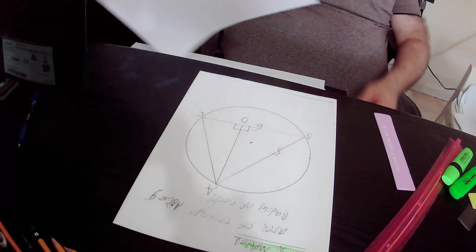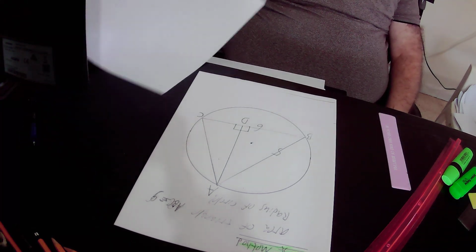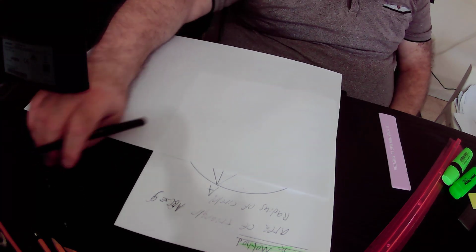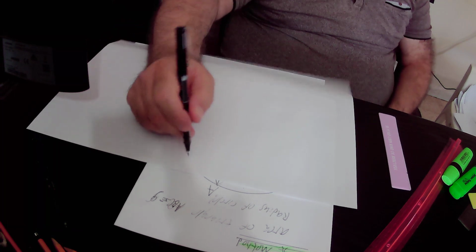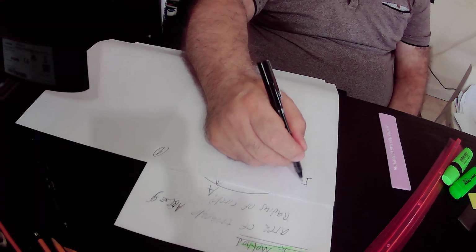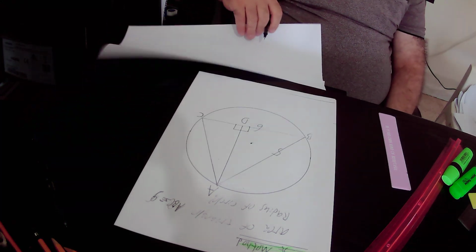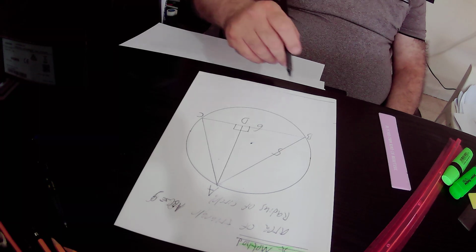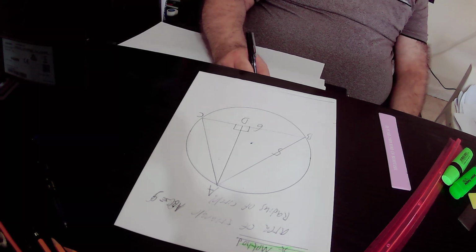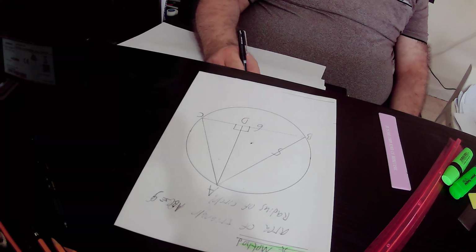The area of triangle ABC equals the base of the triangle, that is BC, times the height to the base, that is AD, over 2.